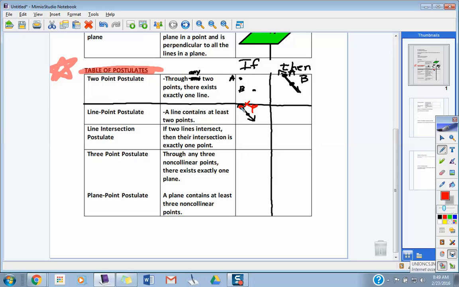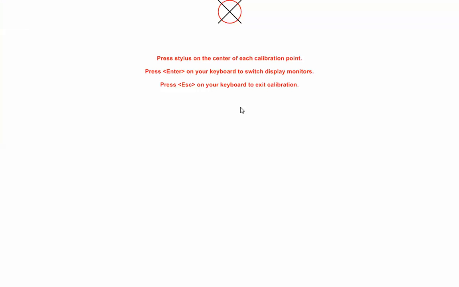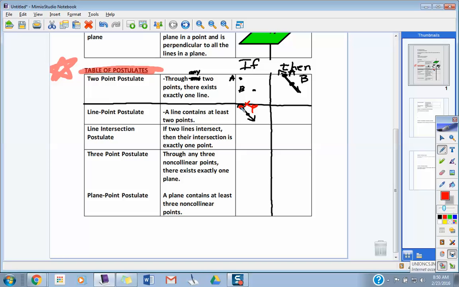Give me a second, kids. Okay, we're saying if I have a line XY right here, then you have 2 points, X and Y.